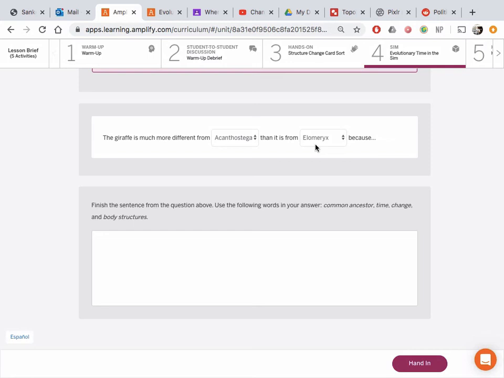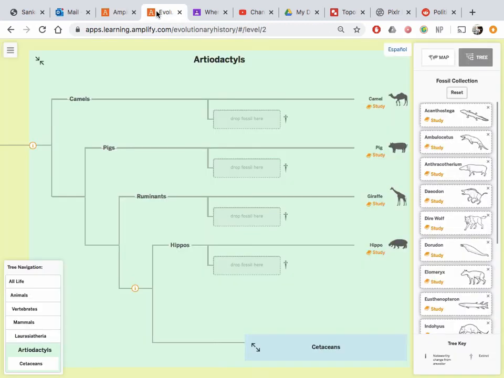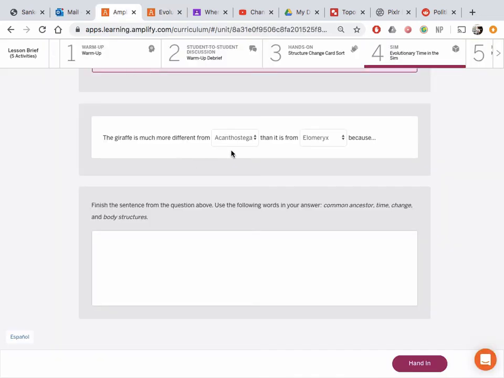Both giraffes and Elomeryx walk on 4 legs, have fur, they're both mammals. Whereas Acanthostega, that was a long time ago. That was 360 million years ago. So there's been a lot of time for the giraffe to be different from the Acanthostega. Whereas from the Elomeryx, it's only been 25 million years.